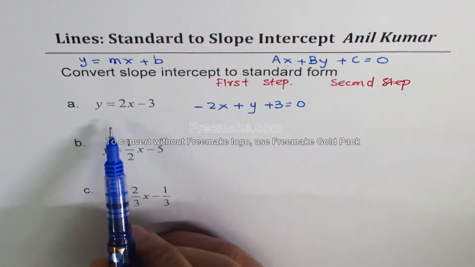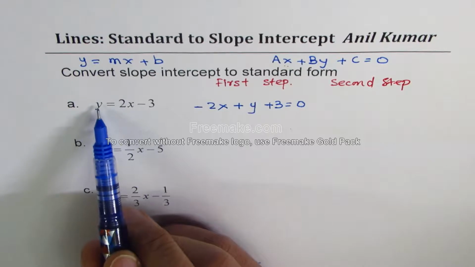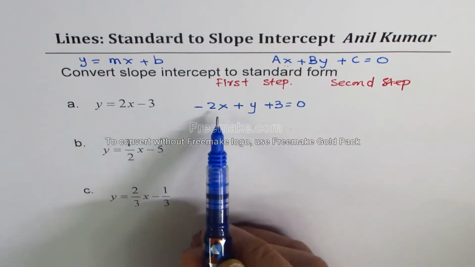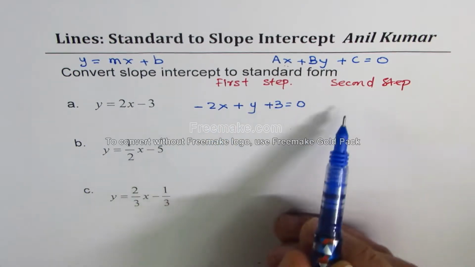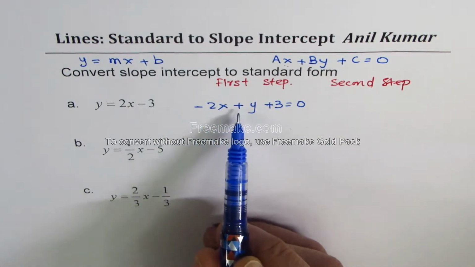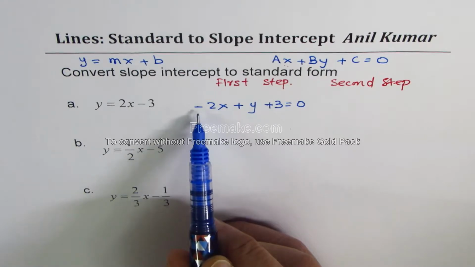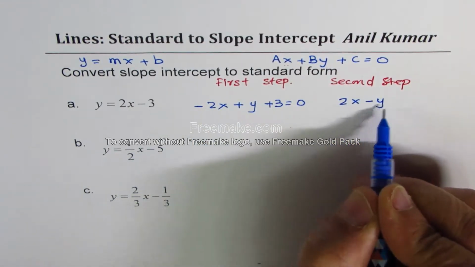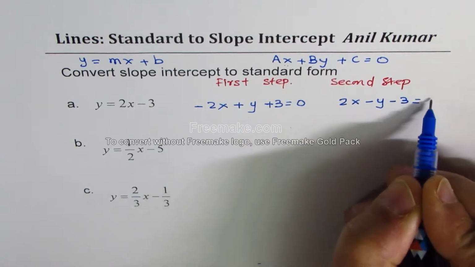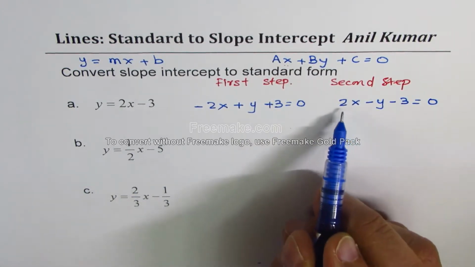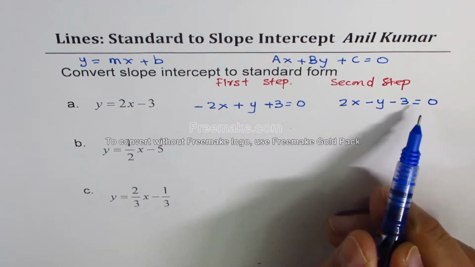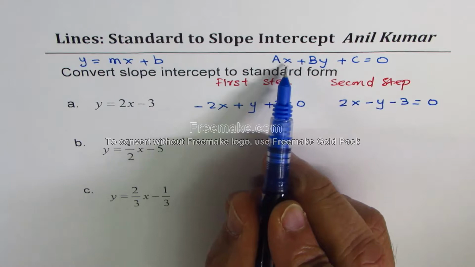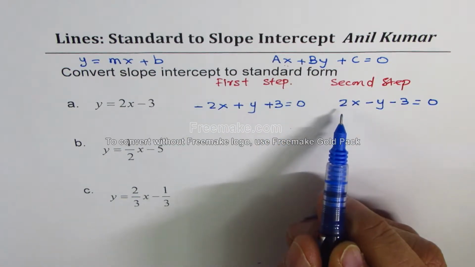If you do this as a first step, then the next should be to multiply everything by negative 1. So you get 2x minus y minus 3 equals 0. Then it becomes the equation in standard form.